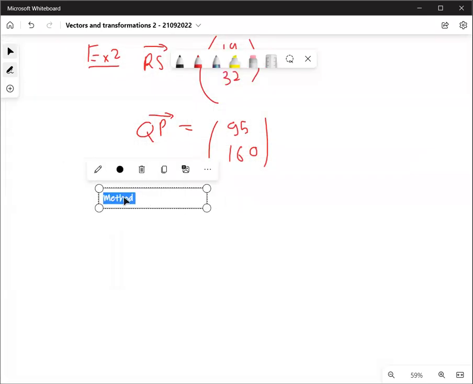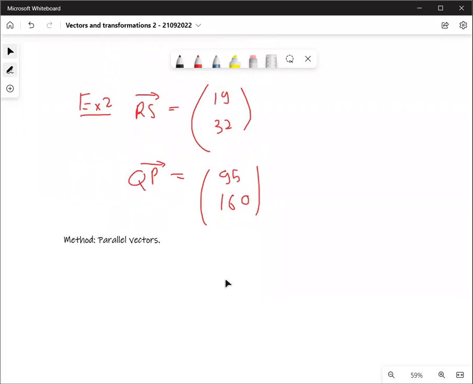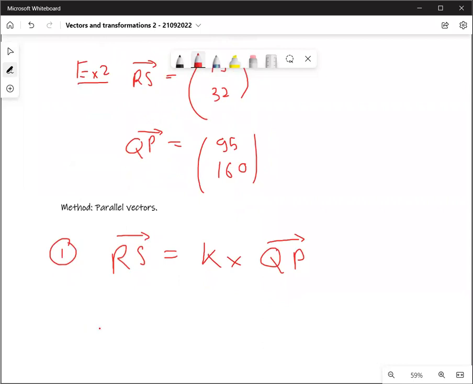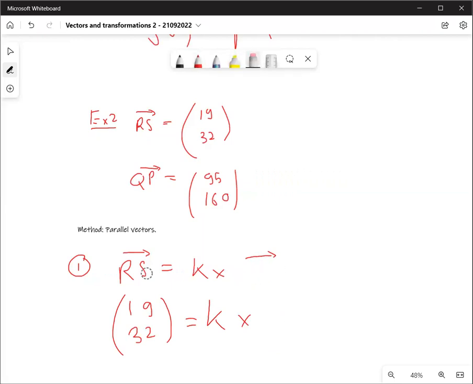Method, parallel vectors. They are parallel because 95, 160 is 5 times 19, 32. How will we write this? This is how we'll write it. First thing, RS is equal to K into QP. Write the method. That's step one. If it is parallel, this should be true.